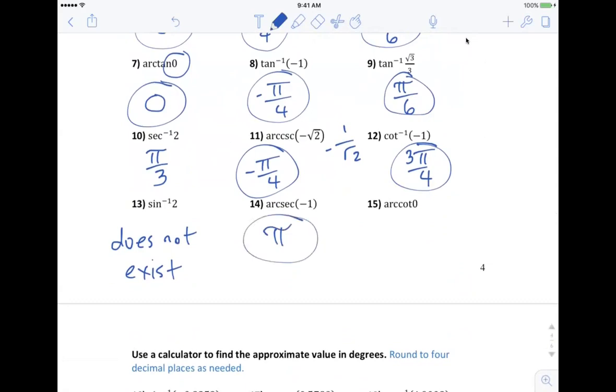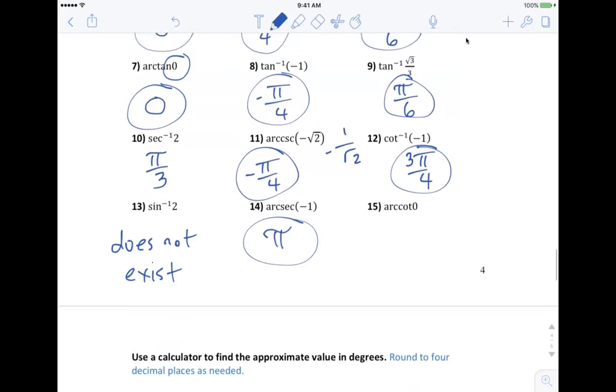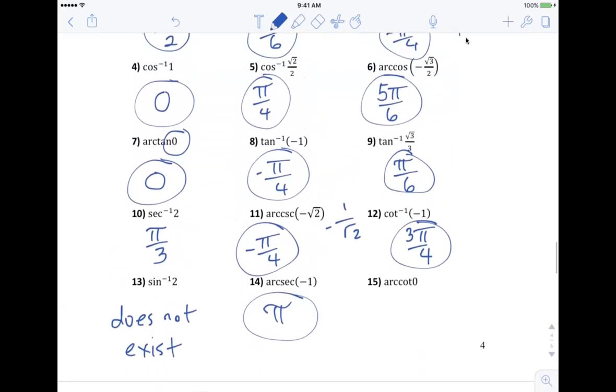Finally, how about arc cotangent of 0? Well, let's go back and take a look. We can think of that as, again, x over y is arc cotangent. So think on your unit circle where x over y is equal to 0, which means x would be 0.